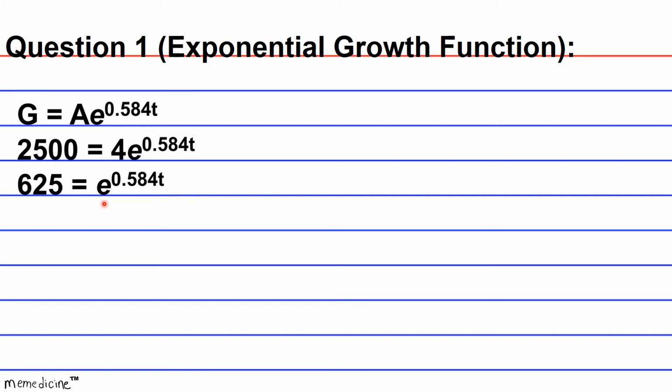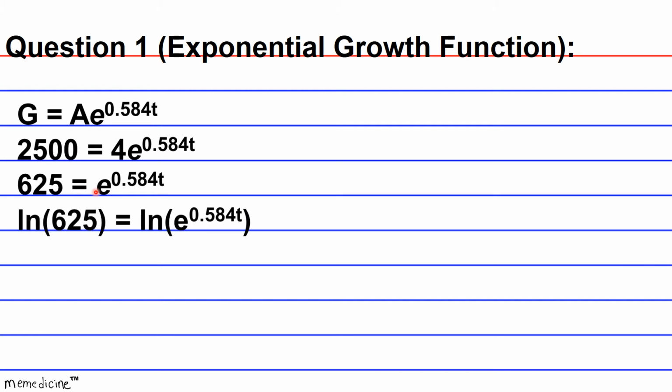And the next thing that you're going to do is, you guessed it, get t down from the exponent. The way you're going to do this is by taking the natural log of both sides of the equation rather than the logarithm. The reason we're using the natural log is because we have Euler's number, and the natural log is basically the log of base e.